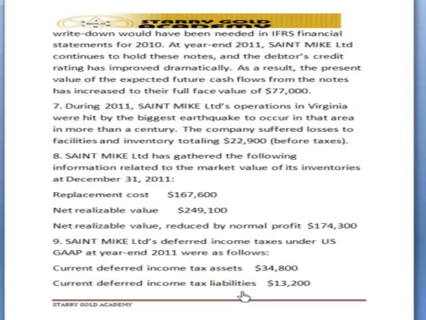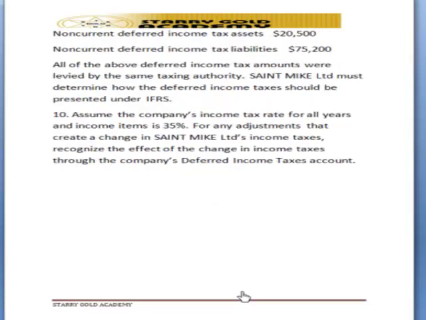Number 9. St. Mike Limited deferred income taxes under US GAAP at the year ended 2011 are as follows: current deferred income tax asset, current deferred income tax liability, and non-current deferred income tax assets, then non-current deferred income tax liability.